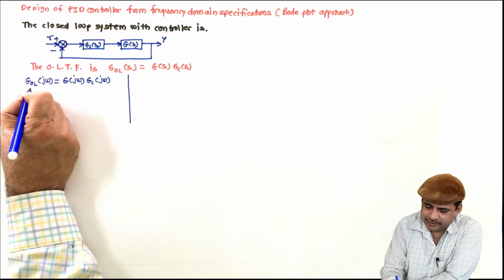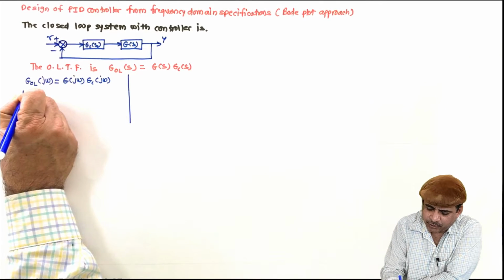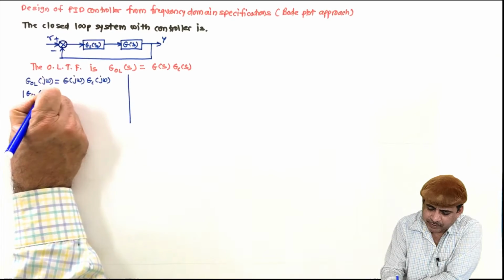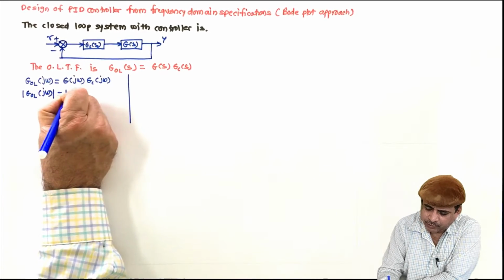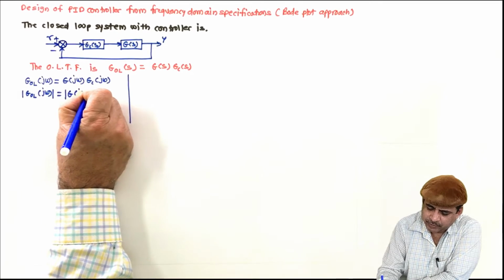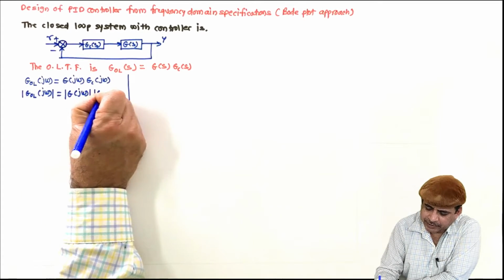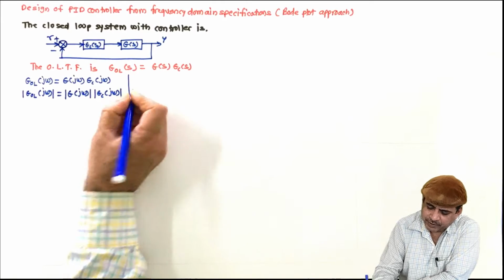So what I get here is magnitude of this function will be magnitude of G of j omega into magnitude of GC of j omega.